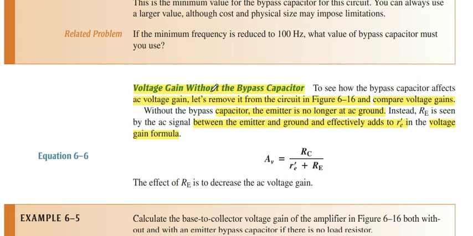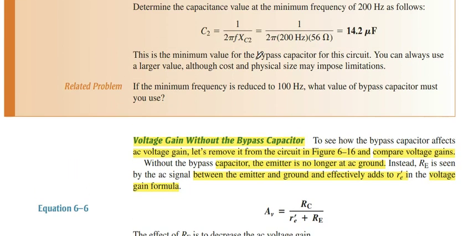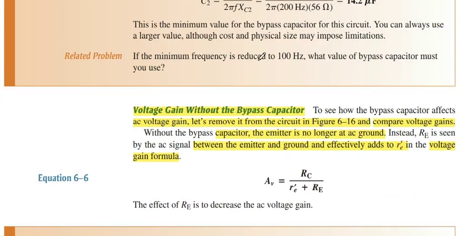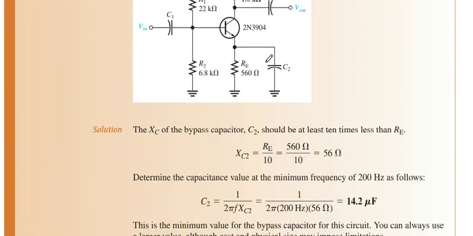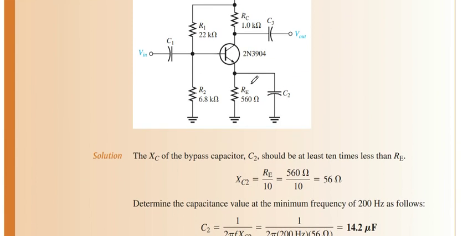Next is voltage gain without bypass capacitor. If we do not use the bypass capacitor, that means the AC input is not short circuited.